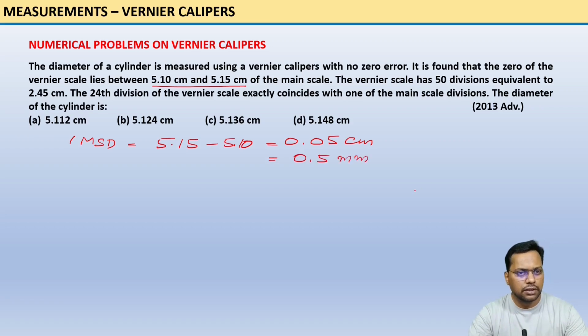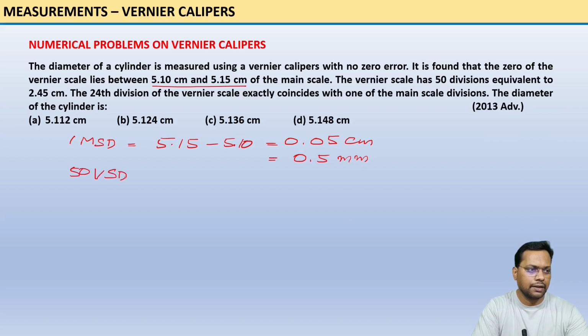Okay. And the next line, the Vernier scale has 50 divisions equivalent to 2.45. So 50 Vernier scale divisions, 50 VSD, that is equal to 2.45 centimeters.